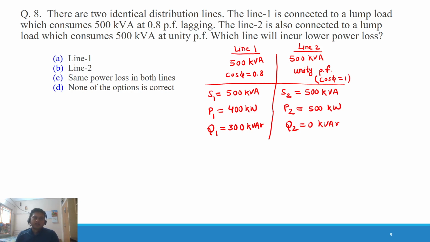So from here, what we need to think about is the apparent power.